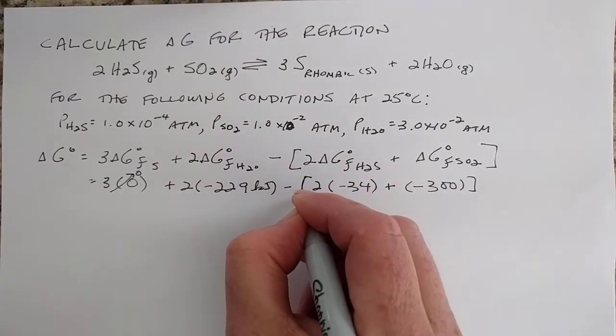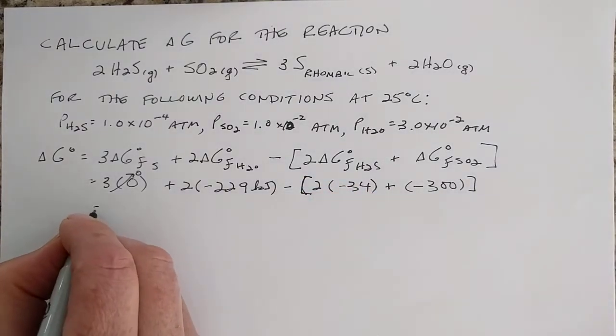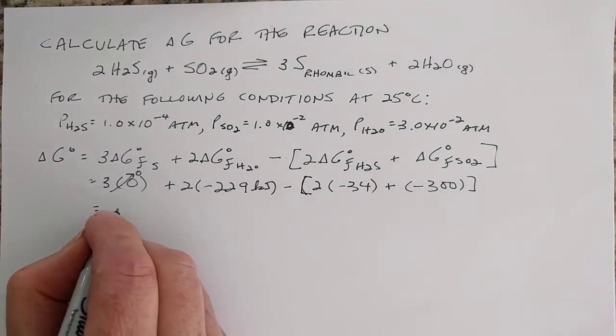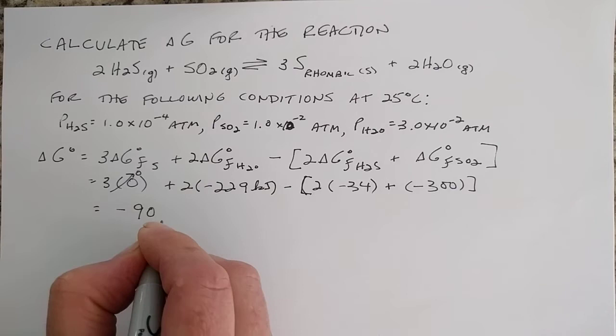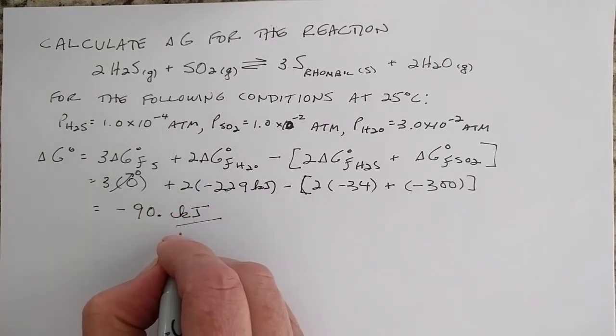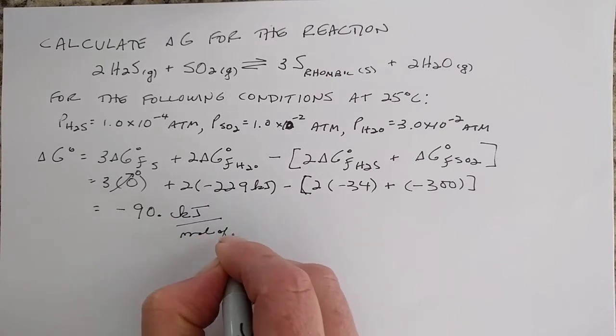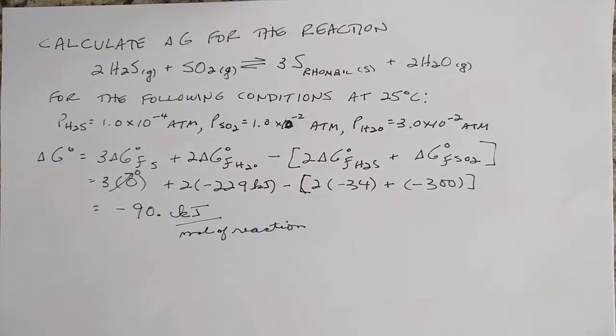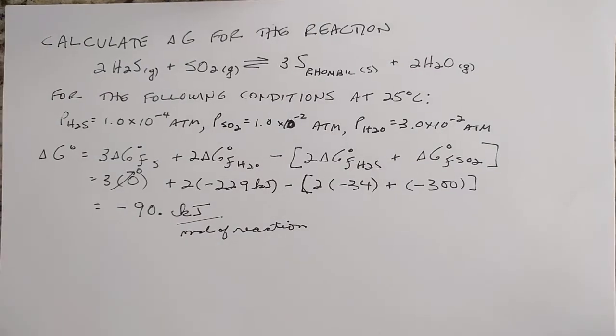I should make that brackets. Okay, so plug that into your calculator, being very careful about your signs, and you should get a value of negative 90 kilojoules, and that would be per mole of reaction. Okay, so that's our first part.